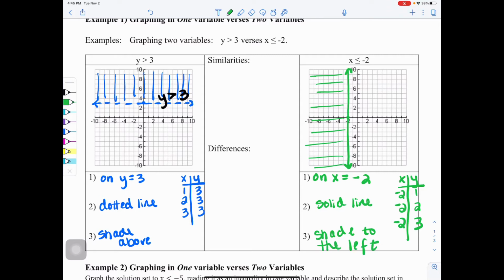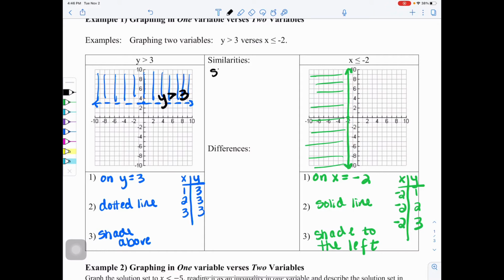Now let's look at some similarities and differences between these. So first, similarities. If I take a look at the pictures, we definitely have some shading going on for both of them. It may not be in the same place, but we do have part of the coordinate plane that is shaded in.